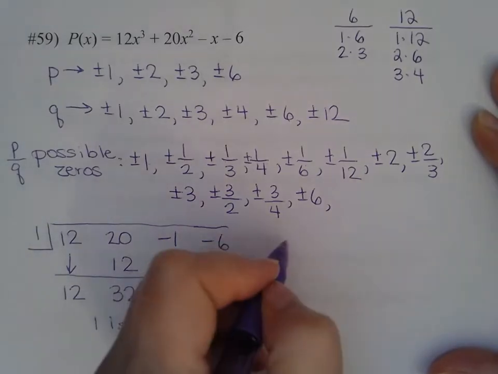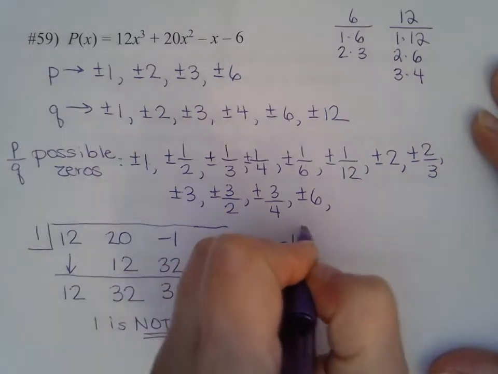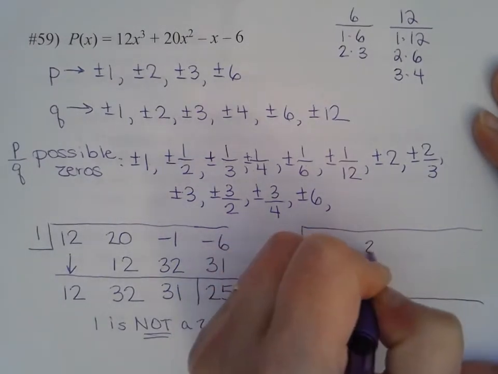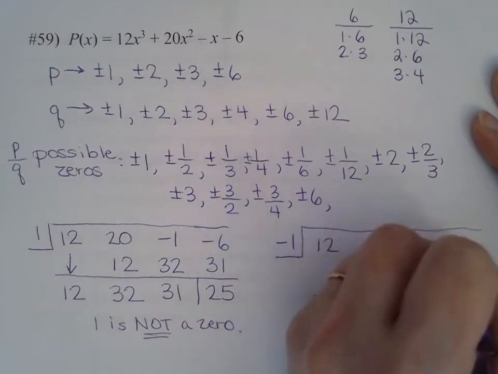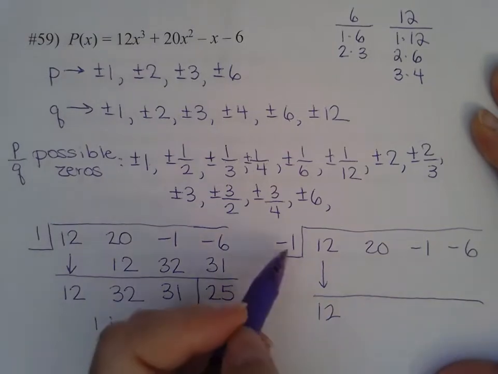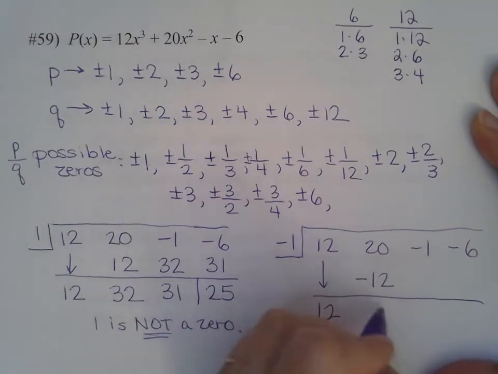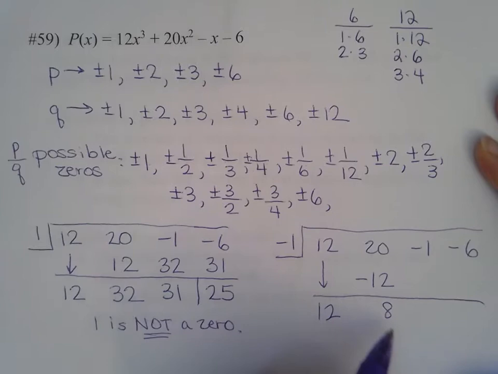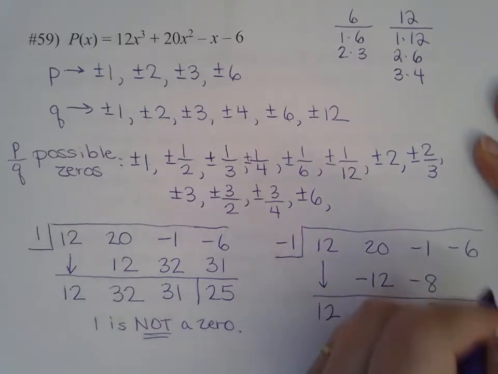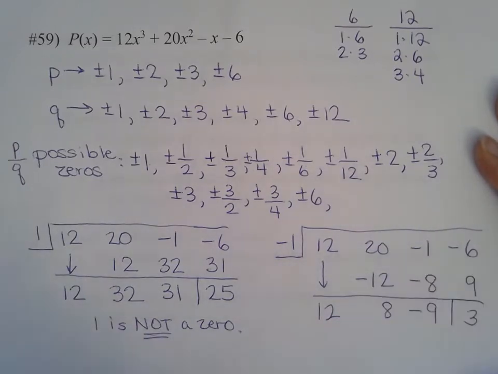Okay, let's try negative 1. I'm going to bring down the 12, negative 1 times 12, add down, negative 1 times 8, negative 1 times negative 9, okay, so negative 1 is not a 0.